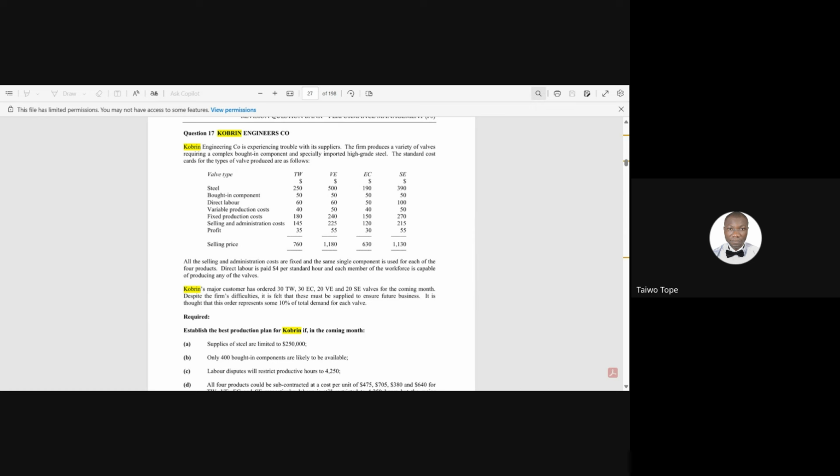So the contribution per limiting factor will be 360 divided by 1, 360 for TW, VE 520, EC 300, SE 540. So when you rank now, SE first, VE second, TW third, EC fourth.